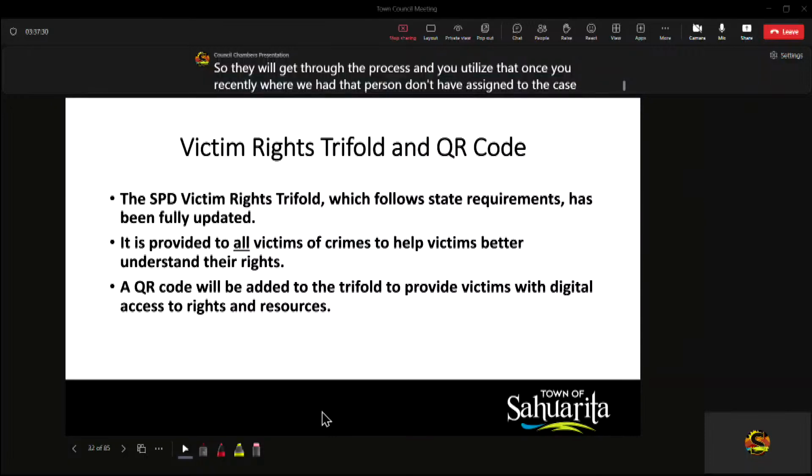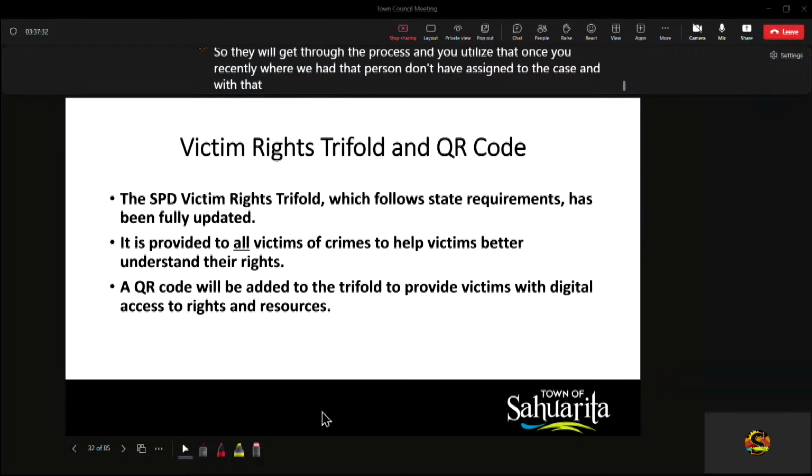And we've utilized that once here recently, where we had that person assigned to the case, and then that coordinator connected them with other town department employees that have the expertise in different areas to help them through the process. Right, because this is a different sort of mental process from solving or investigating a crime, as opposed to being a victim advocate and supporter, which has a little different focus, correct?